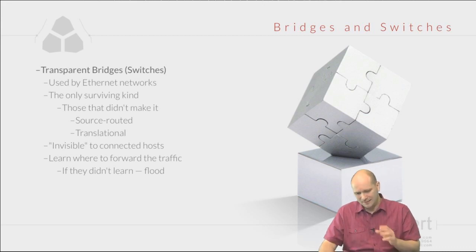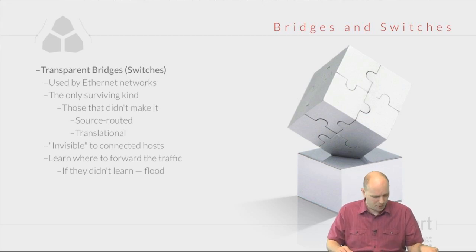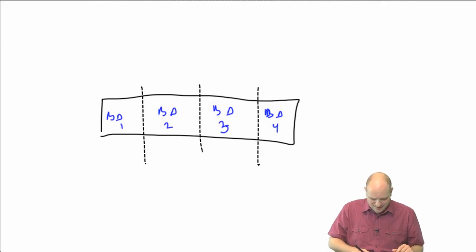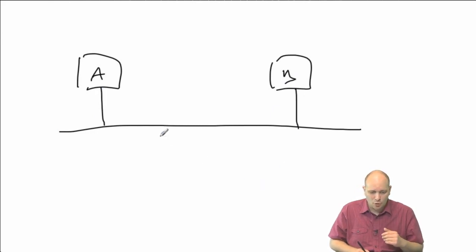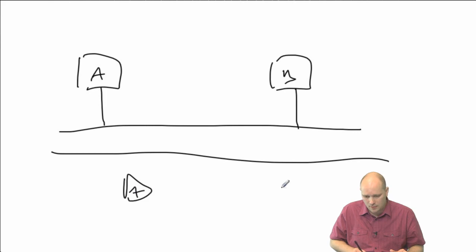What I mean by this, and going back to our whiteboard here, is that when we have two stations, let's call them again A and B, and instead of them connecting to a single bus network, we make them connect to a switch in between them.